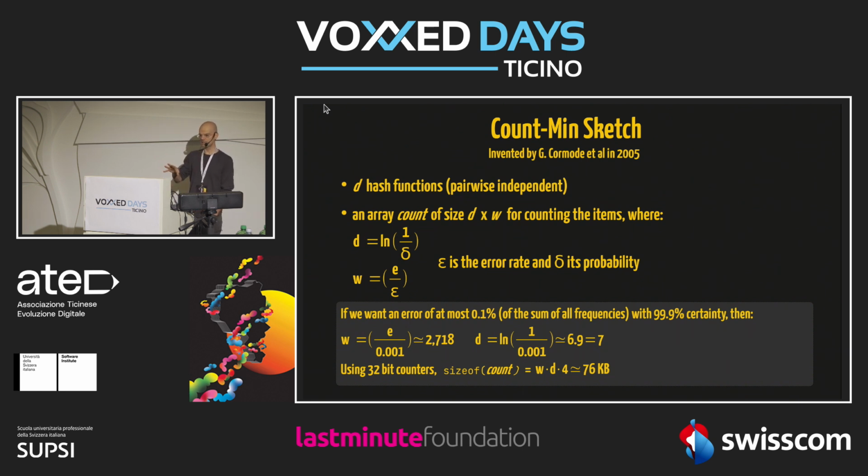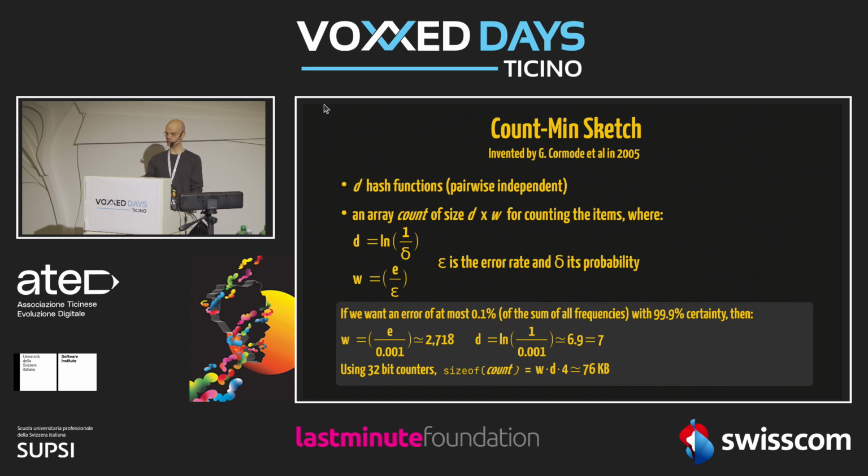So given these, again, as I did for the Bloom filter, if we know that we want an error to be at most 0.1%, and with a specific certainty, in this case 99.9%, then I will compute W and D with the formulas, and then I know the size this bidimensional array has to have.